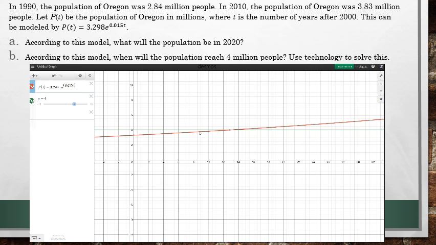The red line stands for the formula for the population, and the green line is y equals 4. We can see those intersect right at 12.865. So about 13 years after the year 2000, the population will be 4 million. 13 years after the year 2000 is 2013.